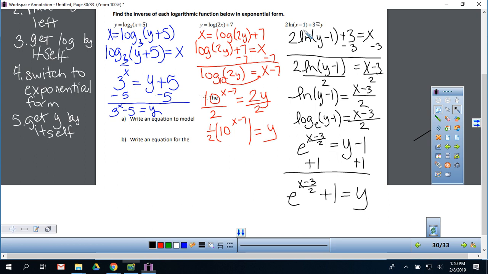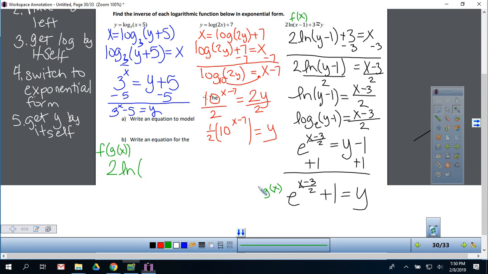Do we want to see the composite to see if it works? Yeah. Sure, that sounds like fun. Alright, so with this one, we have 2 natural log. If we do the composite, we're going to make this our f of x, and this is our g of x.